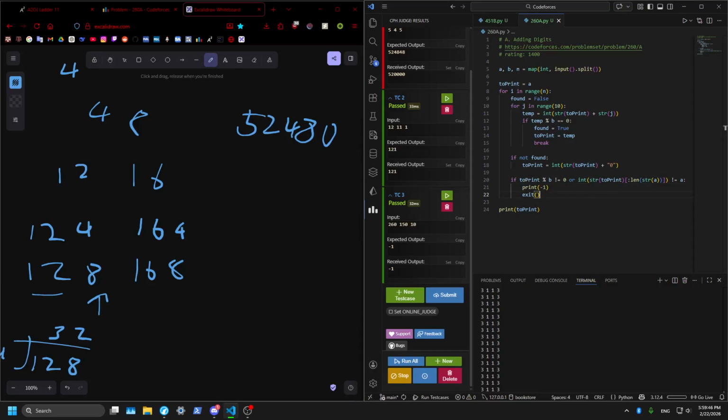So either way, this is O of n squared. So what can we do to speed this up?